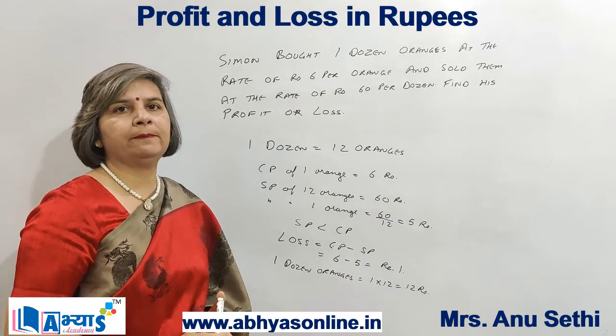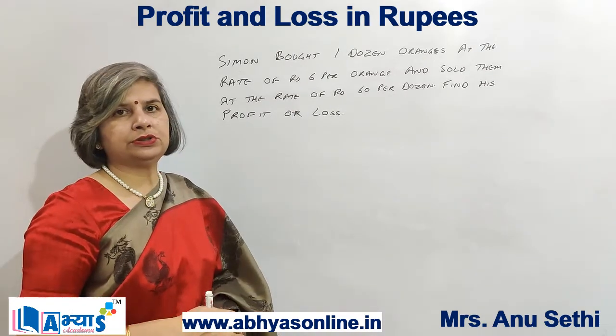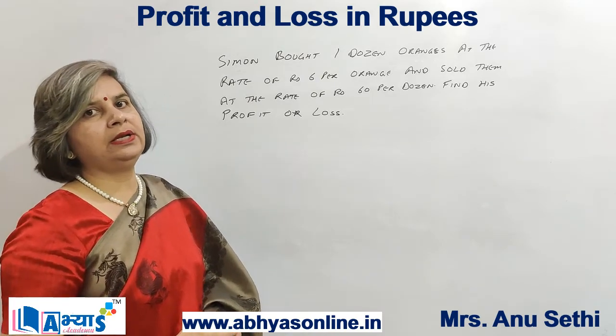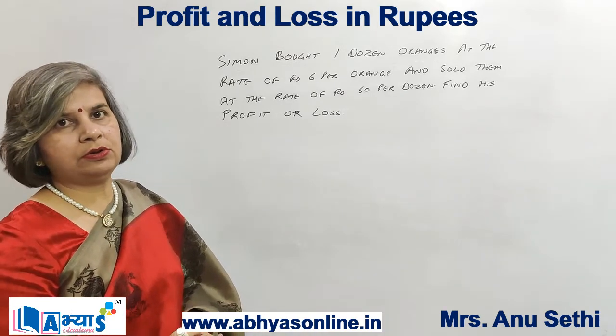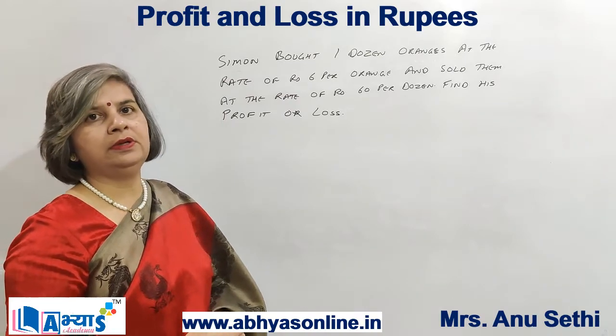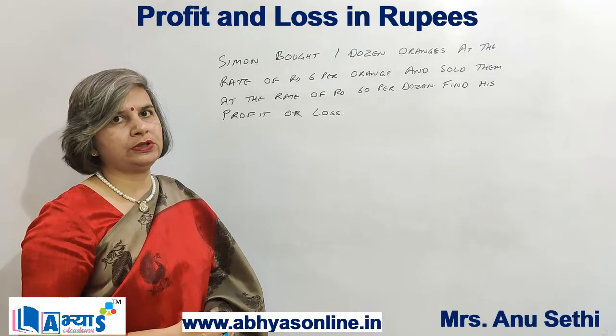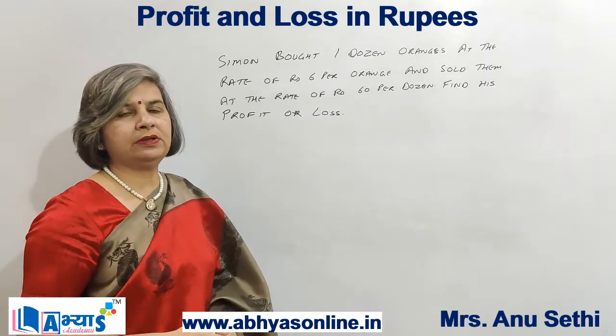I have discussed this question by finding the selling price of one article, and then I found that there was a loss of 1 rupee in selling 1 orange, and then I calculated the loss for 1 dozen of oranges. But it can be done in the other way also.